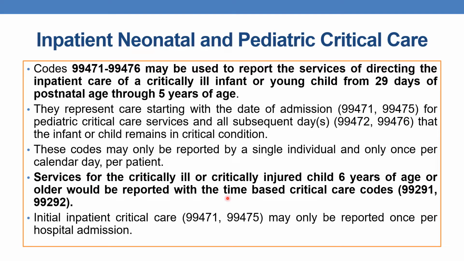The services for a critically ill or critically injured child 6 years of age or older would be reported with time-based critical care codes. We have discussed that in the previous session: 99291 and 99292. For a critically ill or critically injured child 6 years of age or older, you need to report the regular critical care codes, 99291 and 99292.